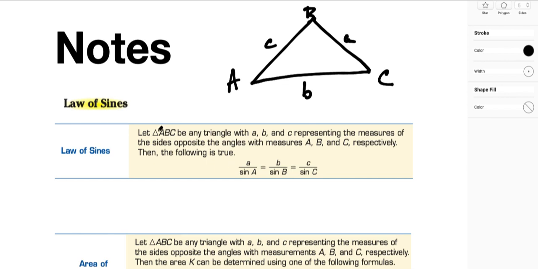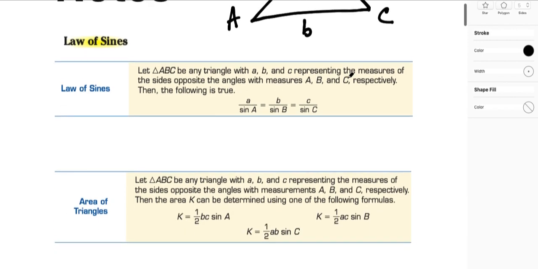Let triangle ABC be any triangle such that a, b, and c represent the measures of the sides opposite the angles A, B, and C. Then the following is true: side a over the sine of A is equal to side b divided by the sine of angle B, which is equal to side c divided by the sine of angle C. Pretty powerful stuff. That's a really nice law that we're going to use.